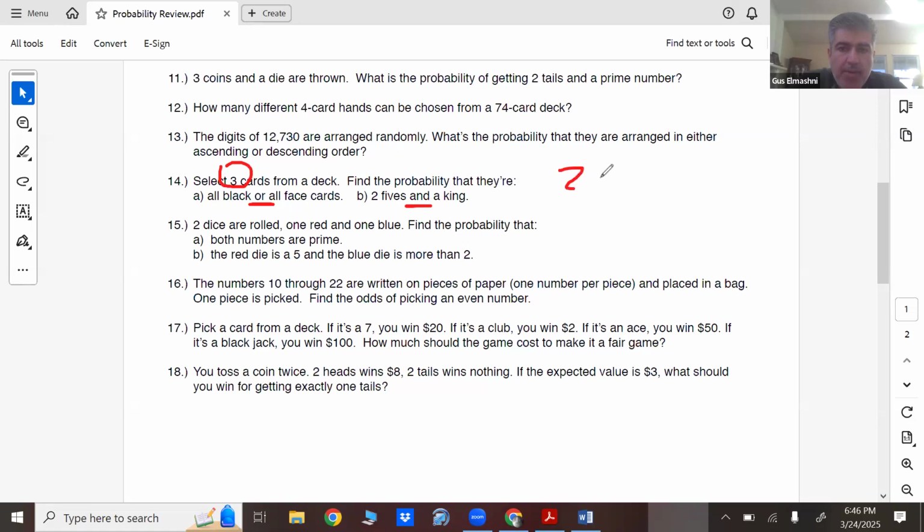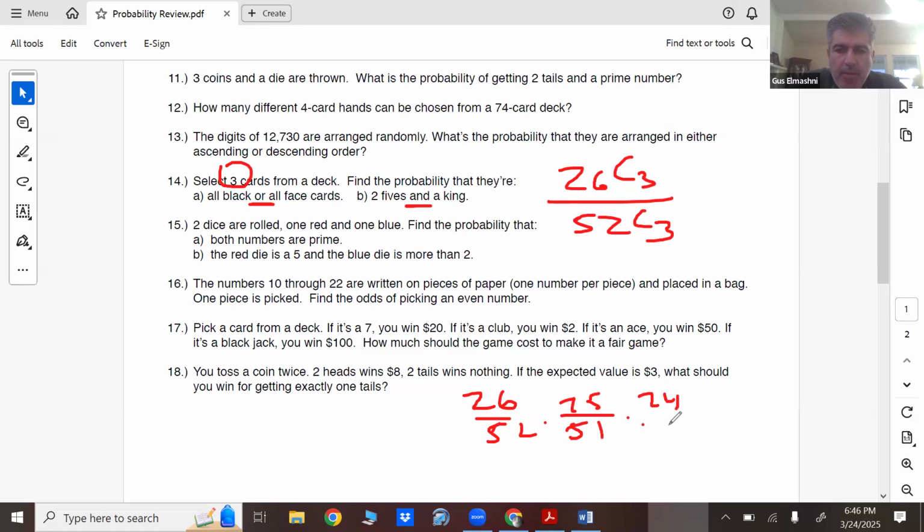First of all, there are 26 black cards. So you do just like that. I mean, you could also say 26 out of 52 times 25 out of 51 times 24 out of 50. That could work. And they'll be the same thing if you work that out.